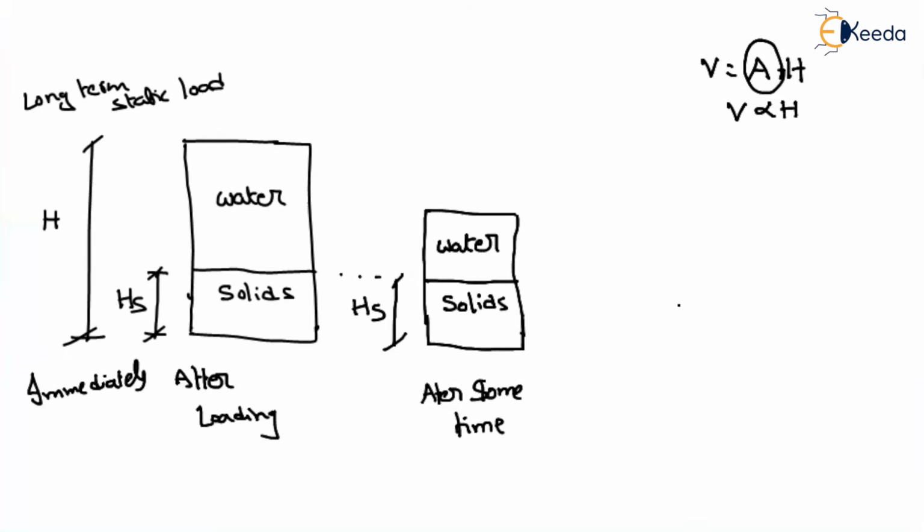So what will be your void ratio? Your void ratio is nothing but the volume of voids to the volume of solids, isn't it? Now what do we have to find here? We are finding the change in the void ratio, or else the void ratio present in the soil sample.